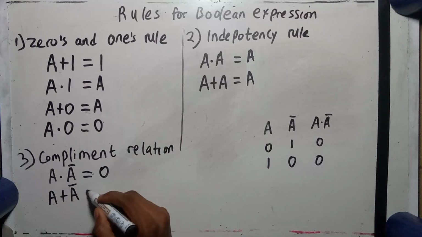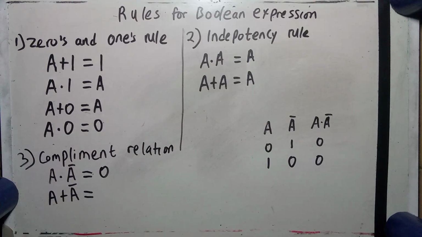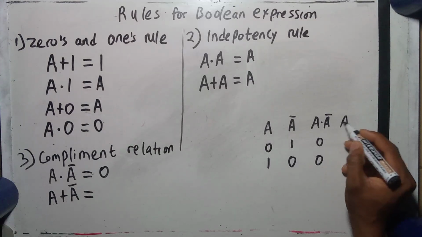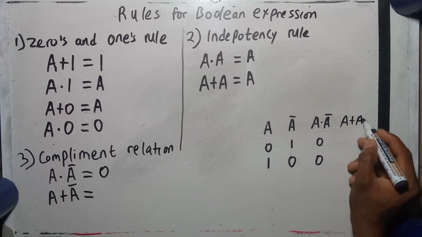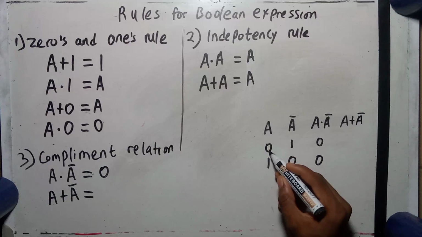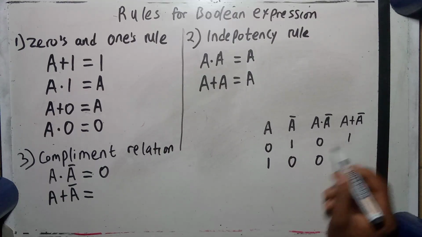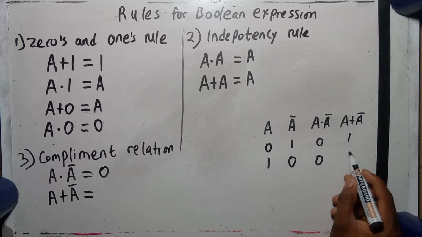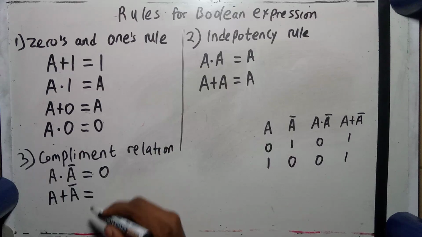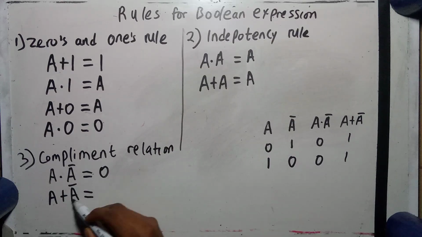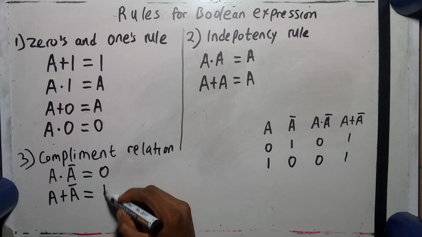So the product of a variable and its complement is 0. But what of when they are adding each other? What will be our answer? If we were to find A plus A bar, this plus this 1, this plus this 1, which we can now say that A plus A bar will give us 1.